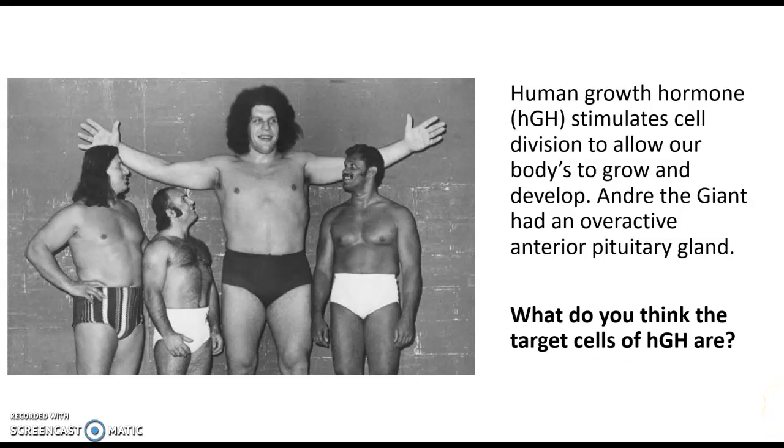Hopefully your initial thoughts are the skeletal system, so bone cells, and perhaps cells of our muscular system, because those are considerably larger in someone like Andre the Giant here compared to even above average individuals like these people. So mostly the skeletal and muscular system are the target cells of human growth hormone.